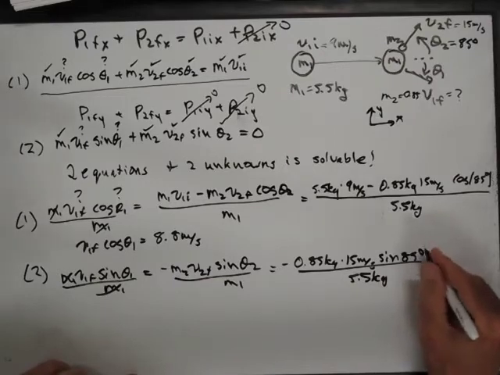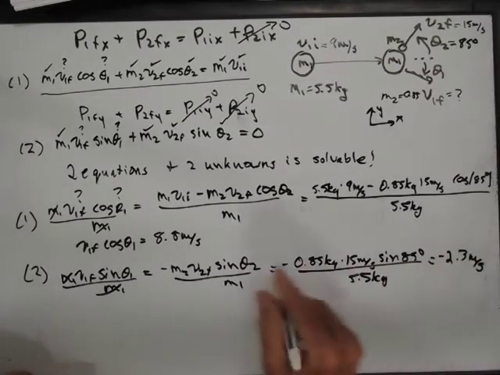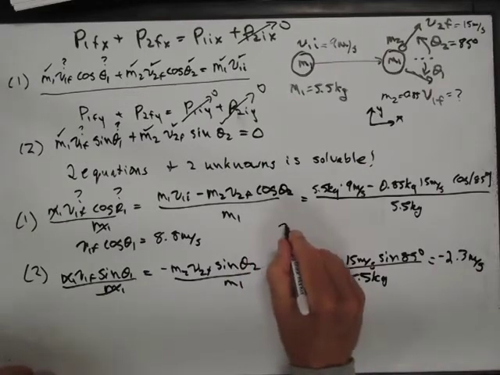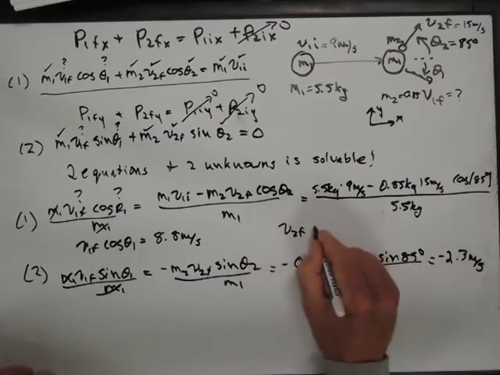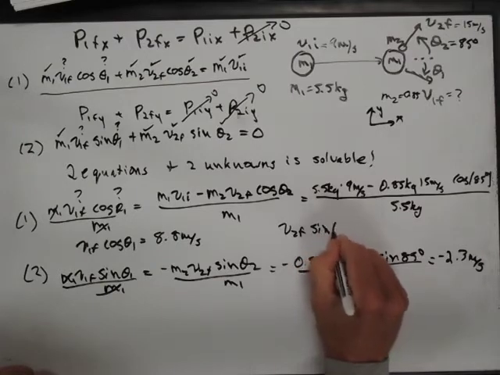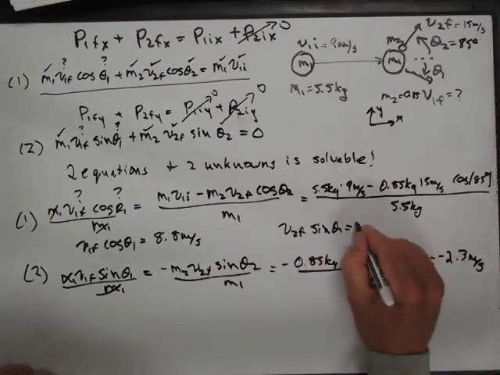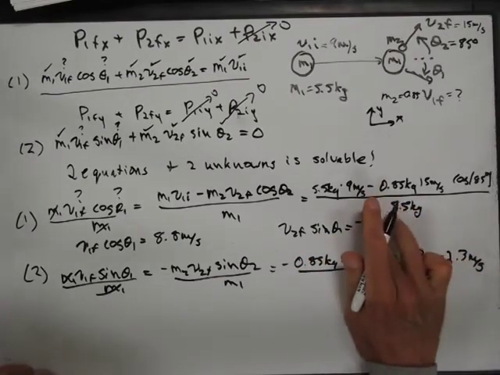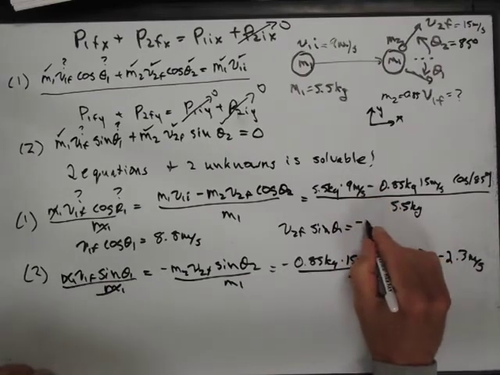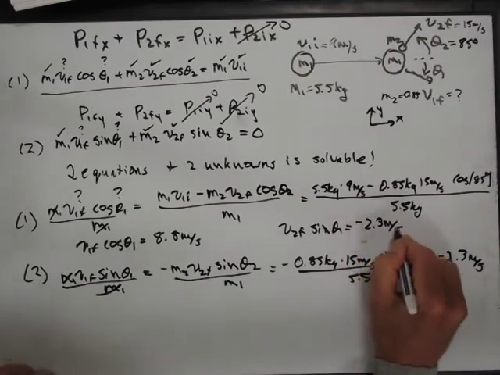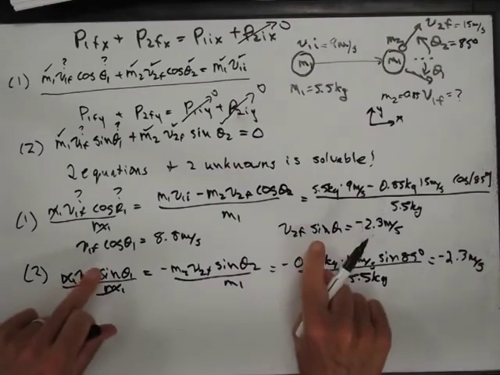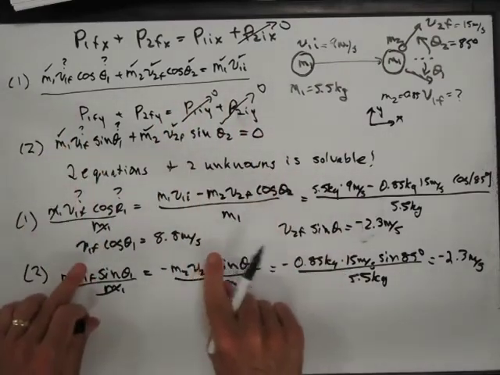And this gives me minus 2.3 meters per second. And so I'll just put it up here. I get V1 final sine theta 1 is equal to minus 2.3 meters per second.